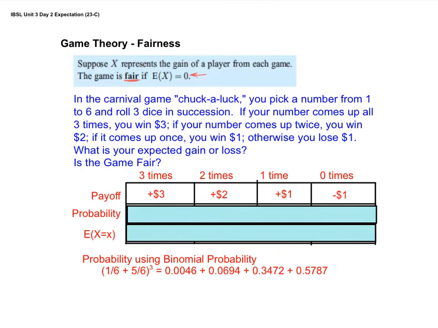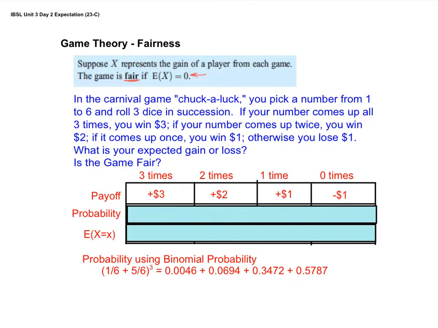Here we have this carnival game. All right? We pick a number from 1 to 6 and we roll 3 dice. And we want to roll the number that we picked. If your number comes up all 3 times, you win $3. If your number comes up twice, you win $2. If it comes up once, you win $1. Otherwise, you lose $1.